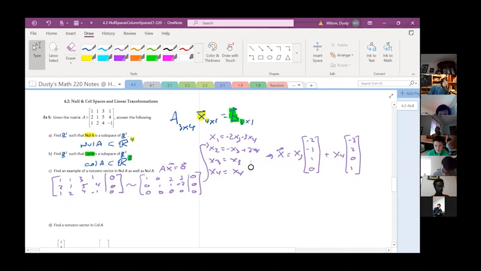So the question asked us to find an example of a non-zero vector in the null space as well as the null space. So if I wanted to find one vector, what do I need to do to find one vector? What do I need to do here? From Gerline, that's exactly right. I need to pick a value for x3 and x4.